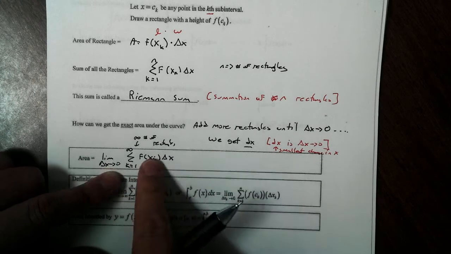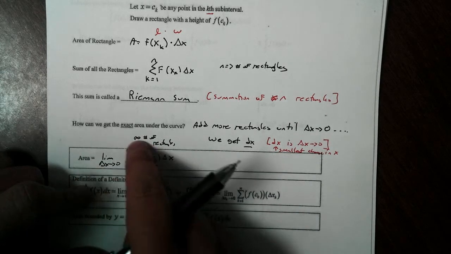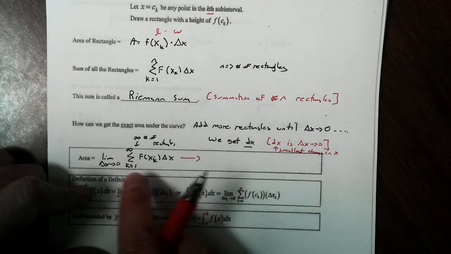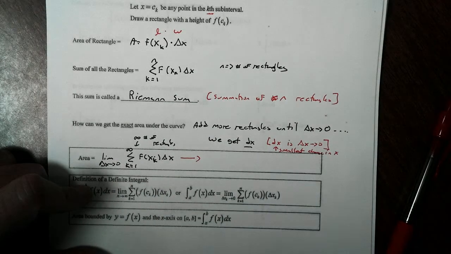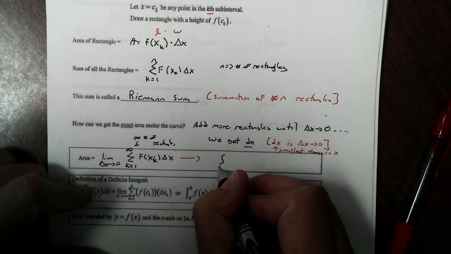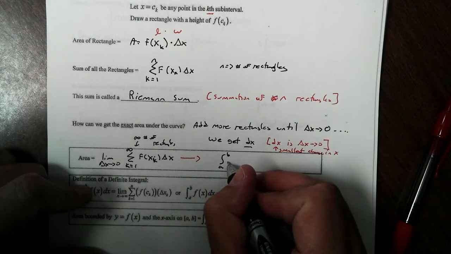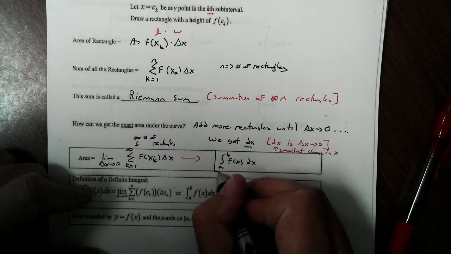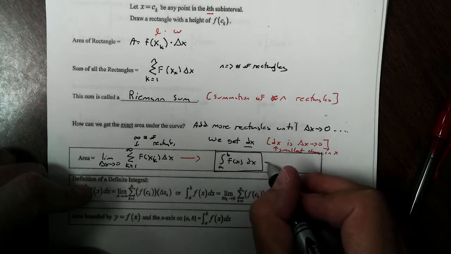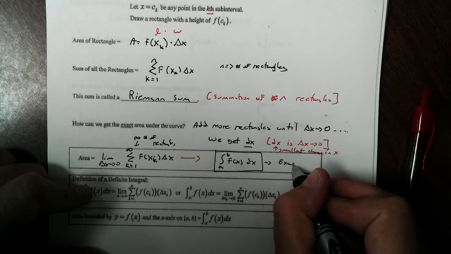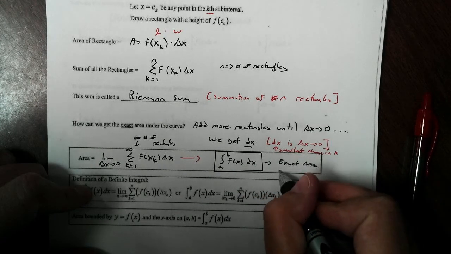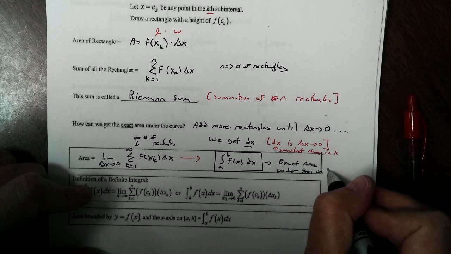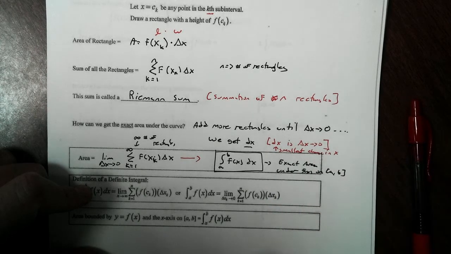At this point, this becomes very difficult to solve, and by some magic, this becomes our definite integral from a to b of f of x dx. And what this equation finds for us is the exact area under the function f of x on the domain a to b.